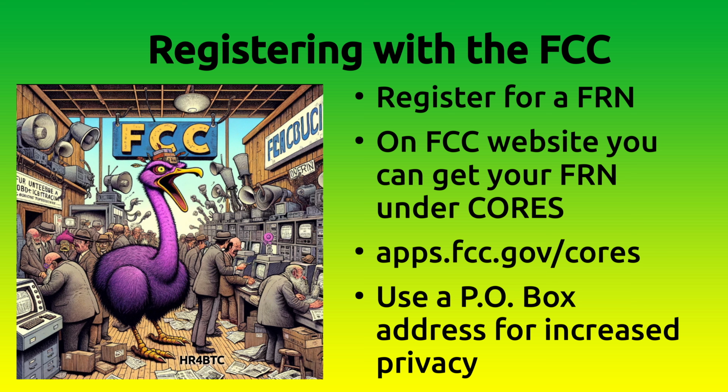Okay, so here comes the fun part. To get your ham radio license, you're going to have to register with the Federal Communications Commission. Basically what this entails is, instead of using something like your social security number, you have to sign up to get a unique FCC registration number, or FRN.